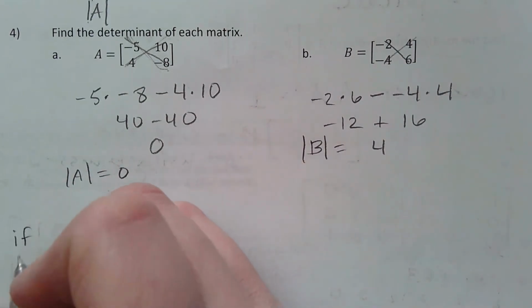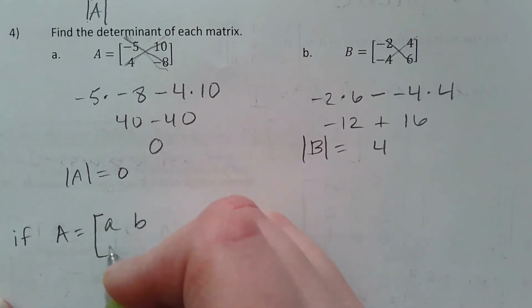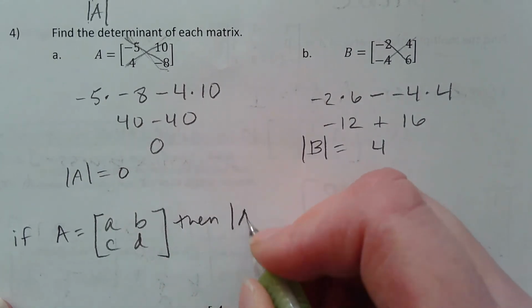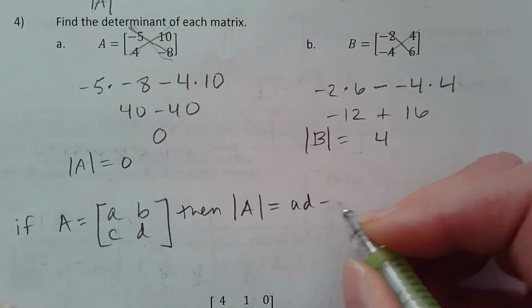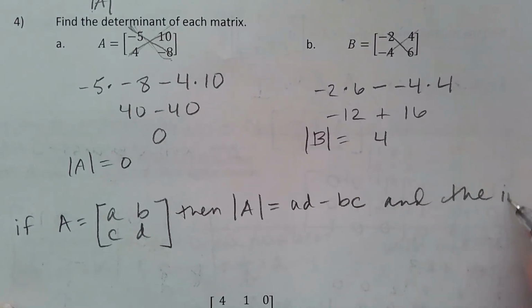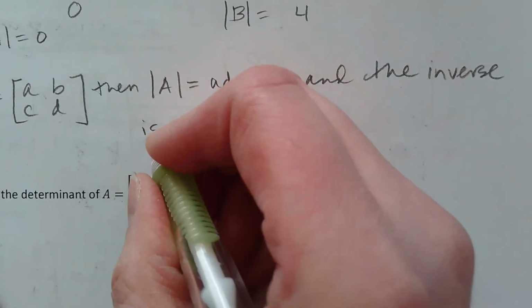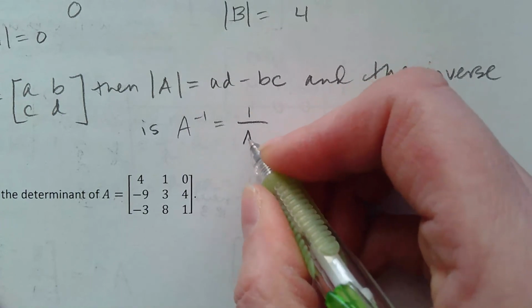So if A is a matrix, A, B, C, D, then this is my determinant. My determinant is AD minus BC. And the inverse is 1 over the determinant.